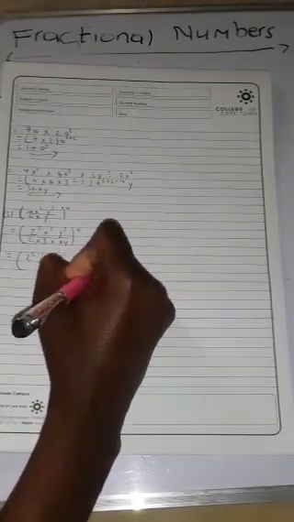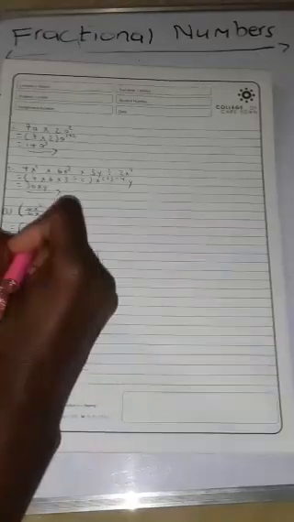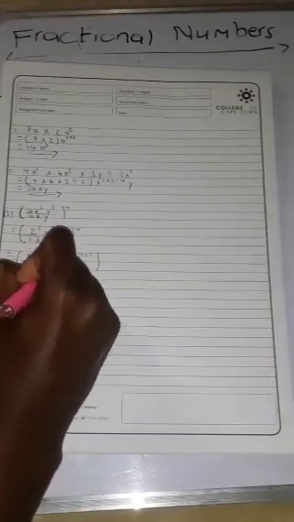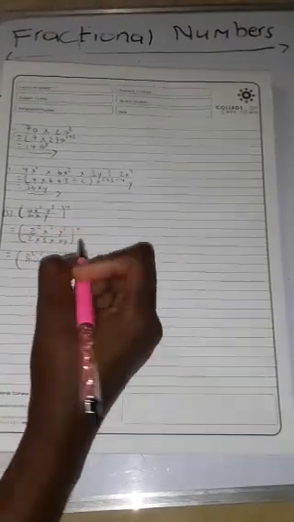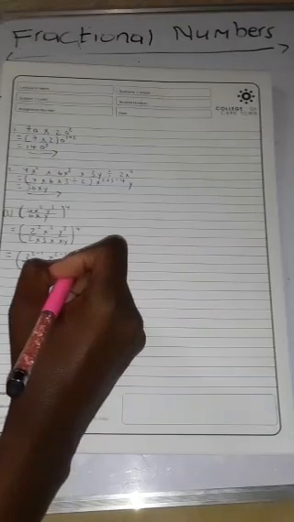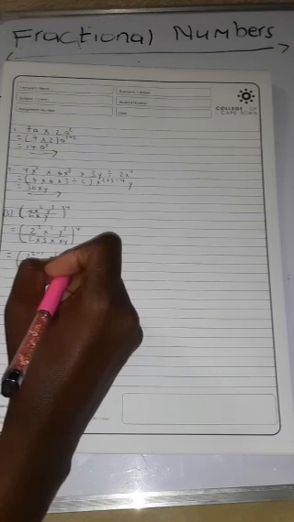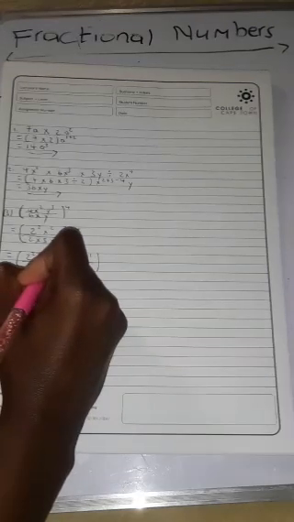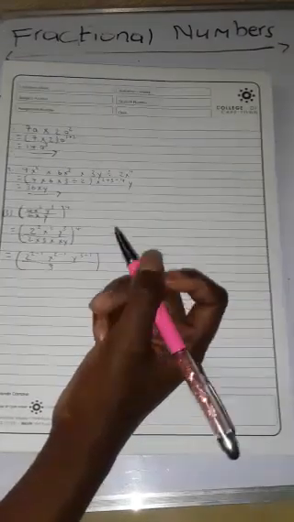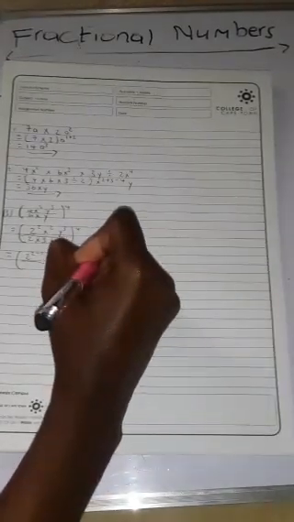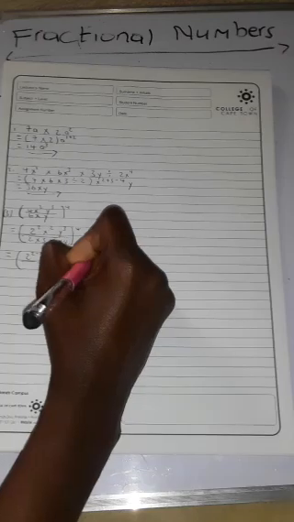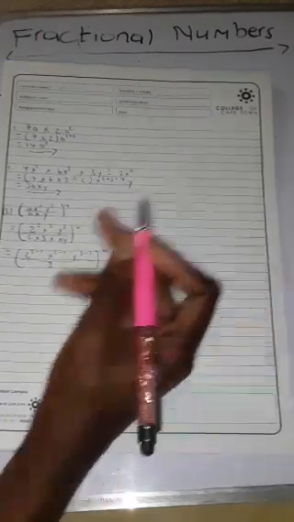Then close the bracket again. For division inside the bracket, then put 3. Then 4 is the index. Right.